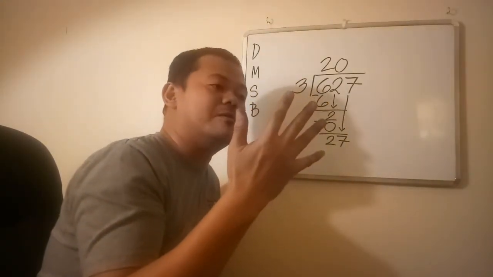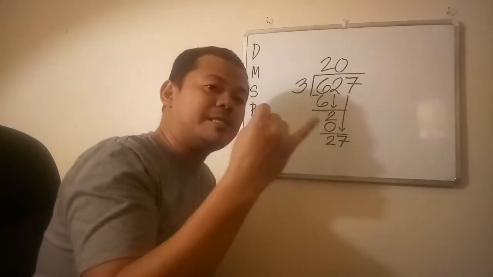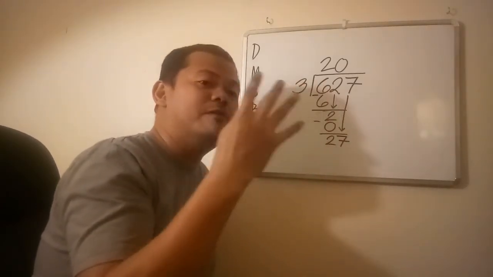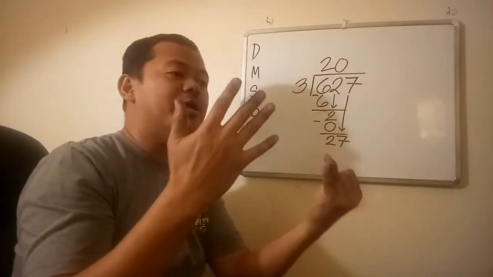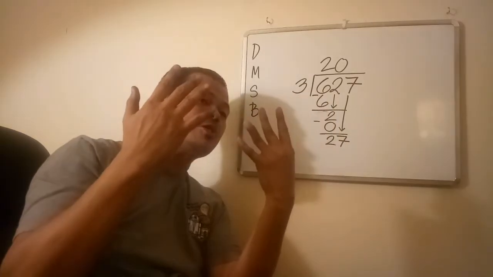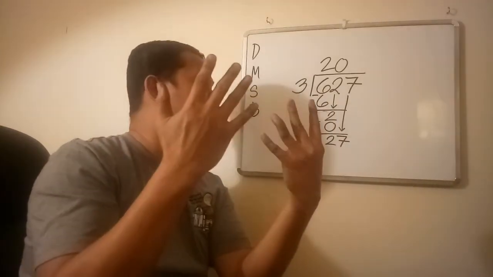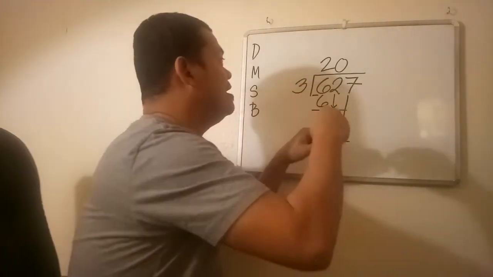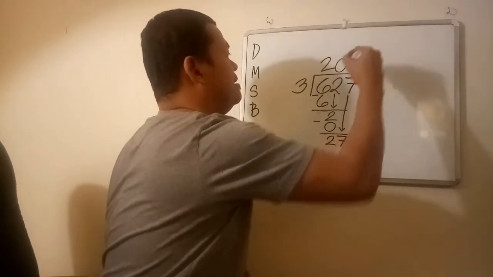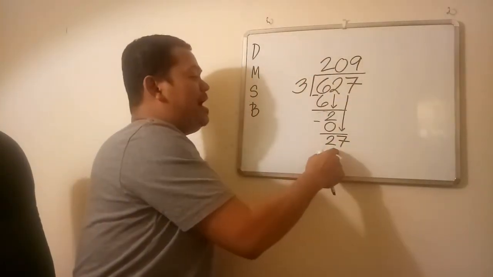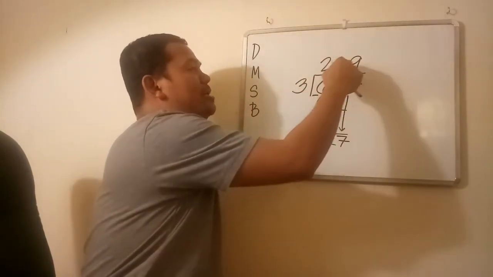Are you following? Good. Again, 3, 6, 9, 12, 15, 18, 21, 24, 27. How much? It's 9. So write here 9.